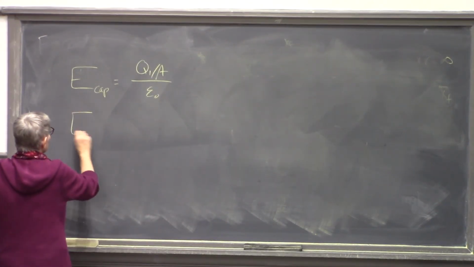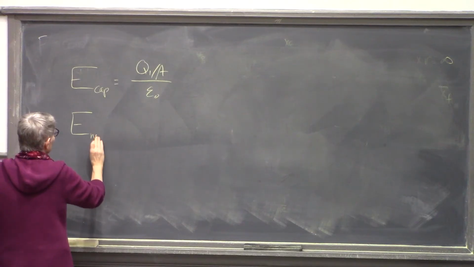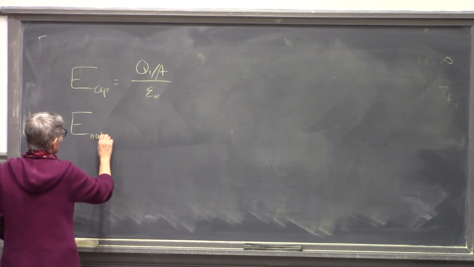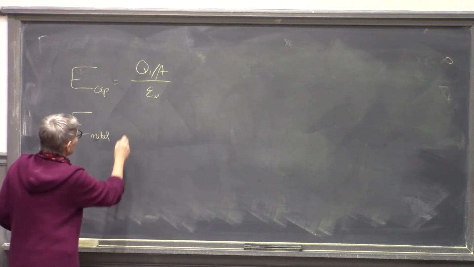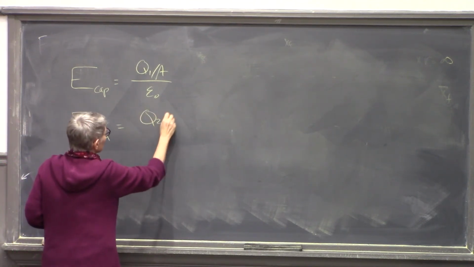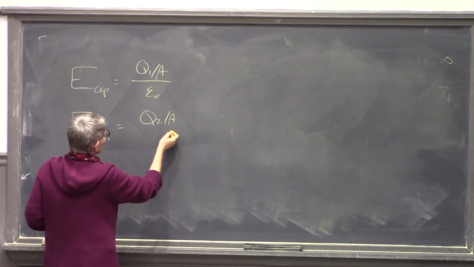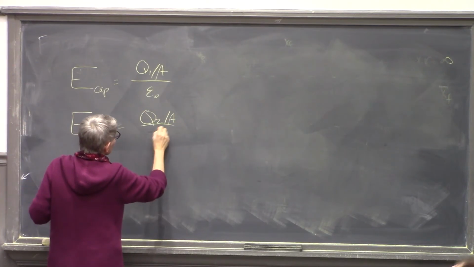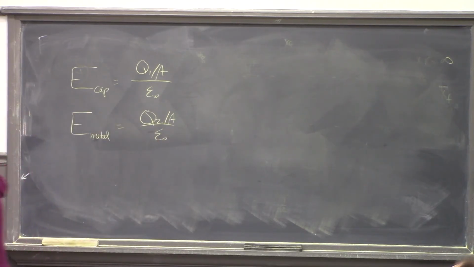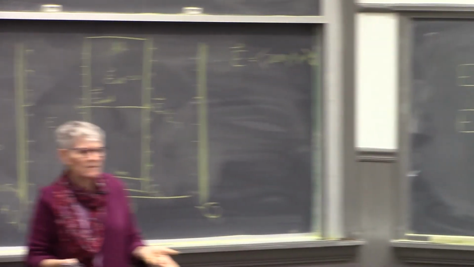The magnitude of the field of the polarization charges on the metal is equal to Q2 over the cross-sectional area, the surface area of the plate, over epsilon 0, but we made the plate the same size as the capacitor.